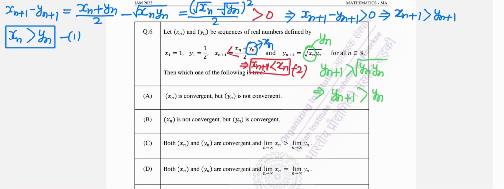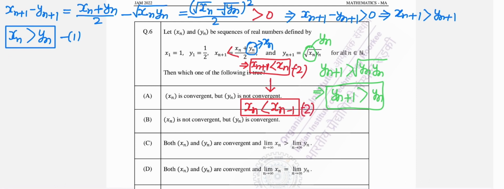And one more thing in this relation. If you replace n by n minus 1, then you get x n is less than x n minus 1. So this will be relation number 2.